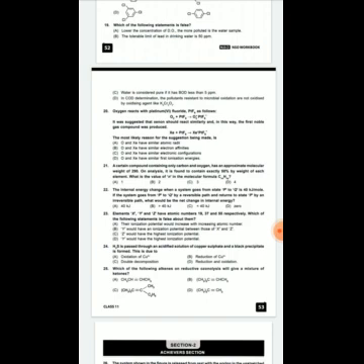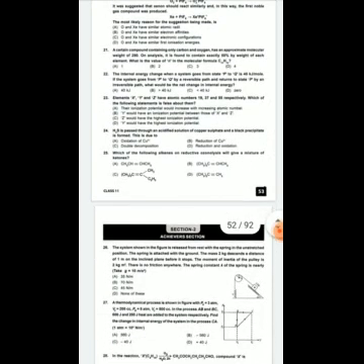Question number 23. H2S is passed through an acidified solution of copper sulfate and a black precipitate is formed. This is due to: oxidation of Cu2+, reduction of Cu2+, double decomposition, or reduction or oxidation.